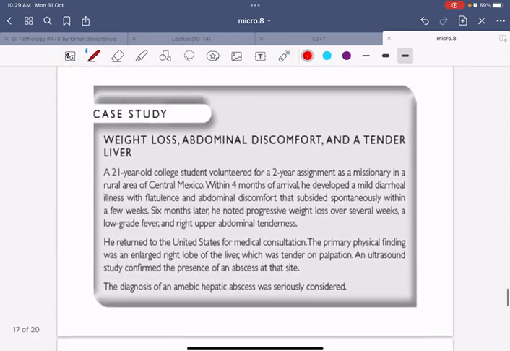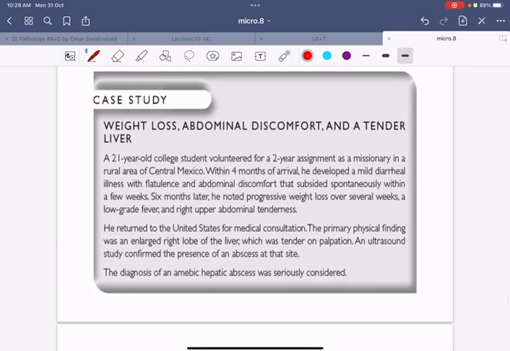As a case study, a 21-year-old college student volunteered for a 2-year assignment as a missionary in a rural area of Mexico. This is from your American textbook, Sherris Medical Microbiology.